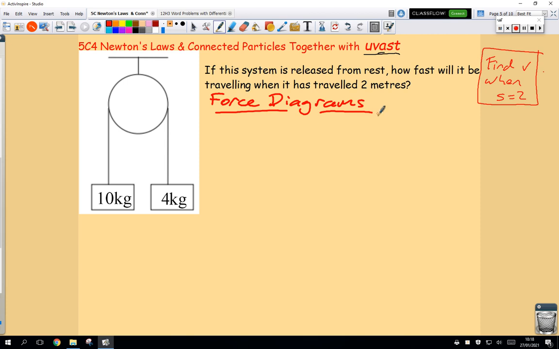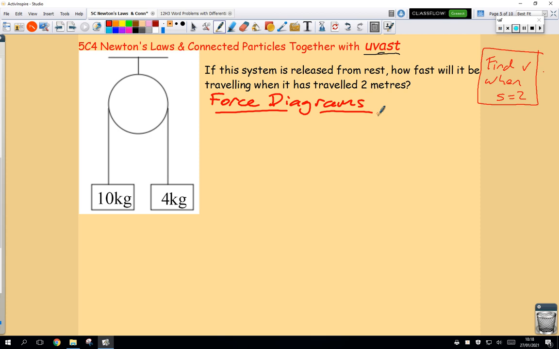One thing I will mention that I already know is that the acceleration of this system will be 6 over 14 times g, or 3/7 g, or 3g over 7 if you prefer. How do I know that? Well, based on stuff I've looked at in previous lessons.